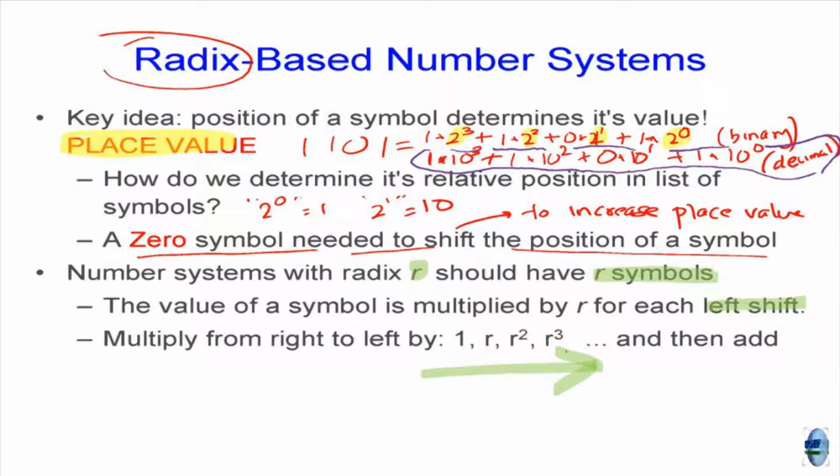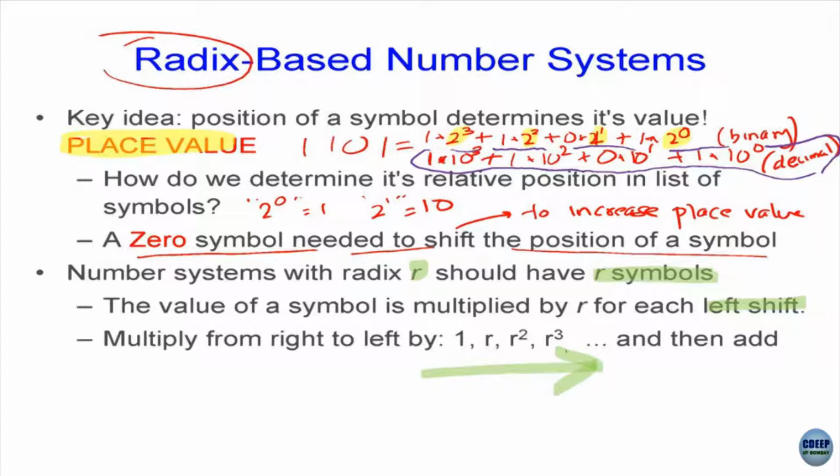This is a binary representation. So the place values here correspond to 2 raised to 3, 2 raised to 2, 2 raised to 1, 2 raised to 0. These are the place values. The position determines the exponent of 2, and that gives you the place value.